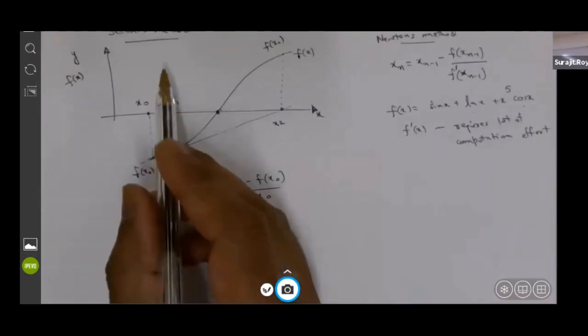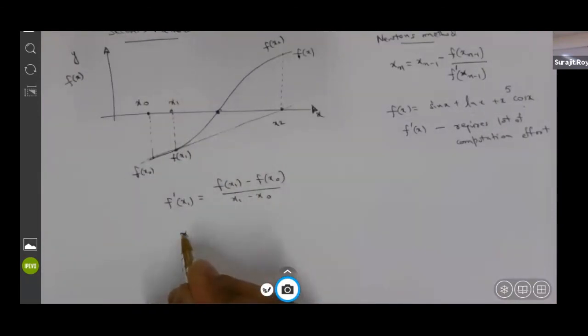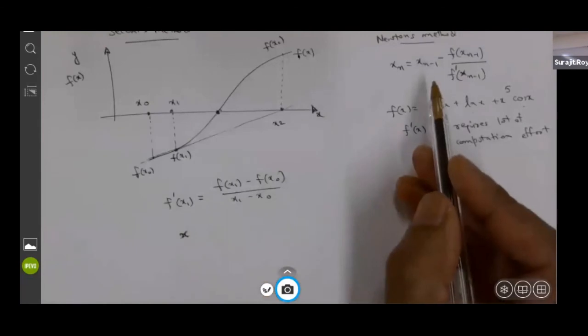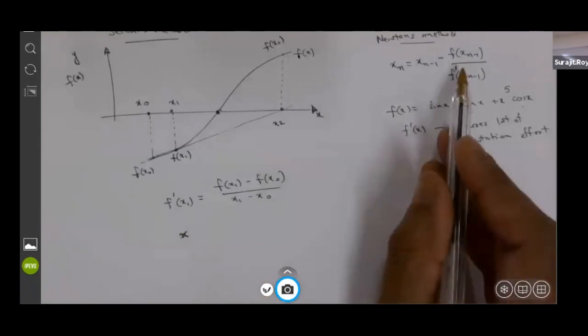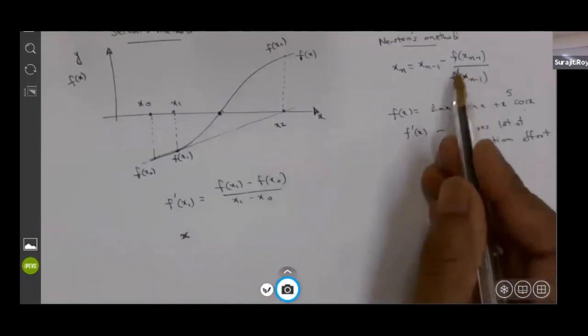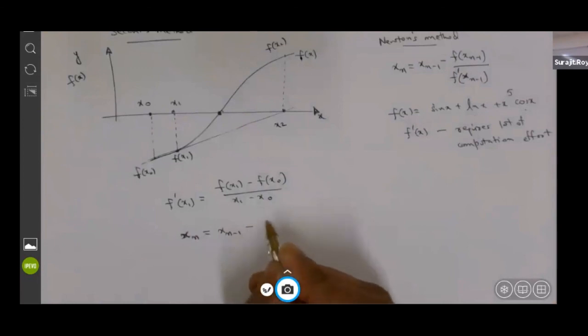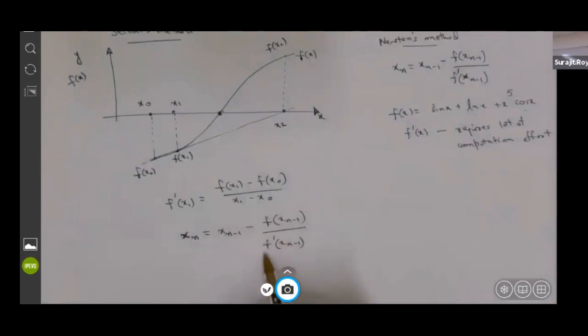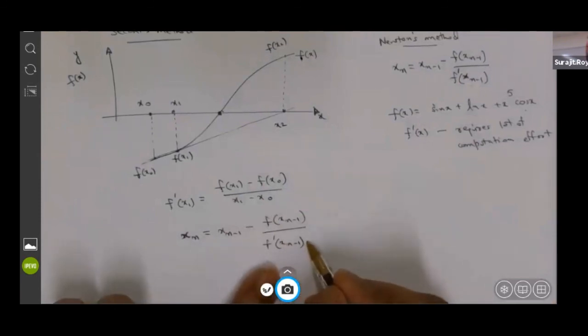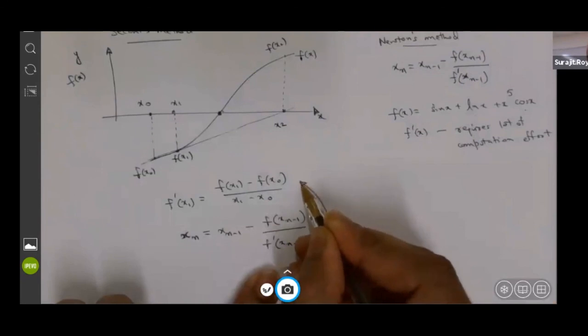So eventually for secant method, the iteration formula remains the same, except instead of f prime of this, I'm substituting that with this number. So for secant method, the formula remains the same, minus f of xn minus 1 divided by f prime of xn minus 1. Now f prime xn minus 1 is basically given by this expression.